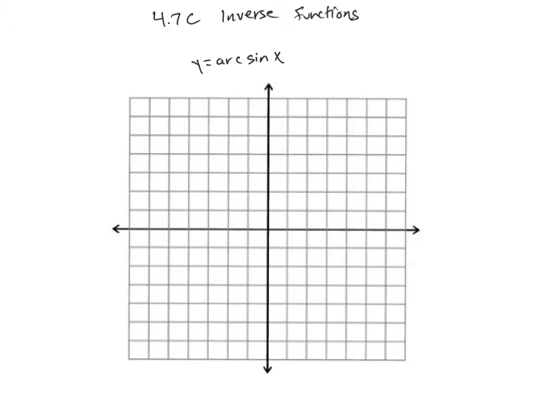Sine of x, and this is our x, this is our y. Our x values for sine of x, basically, when we put in a sine, what can it equal? Well, sine cannot get anything larger than 1, right?